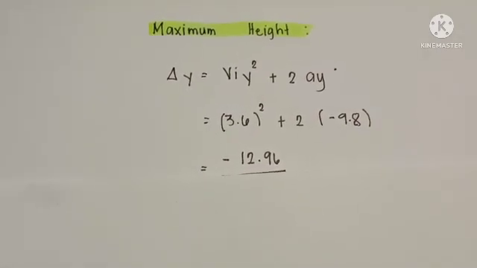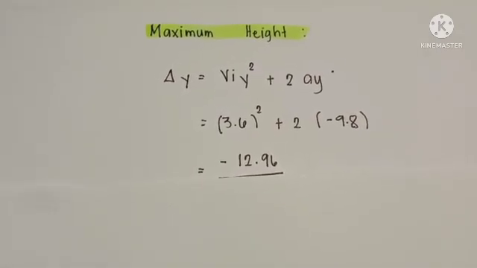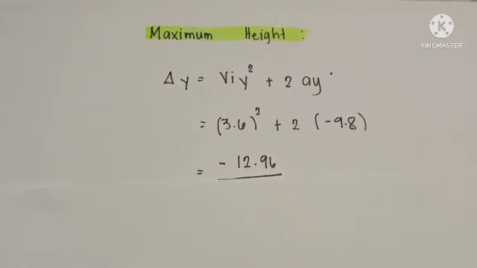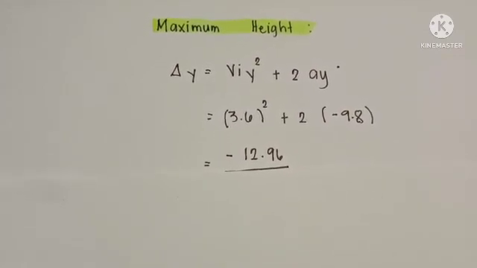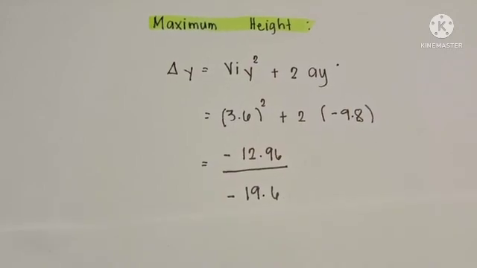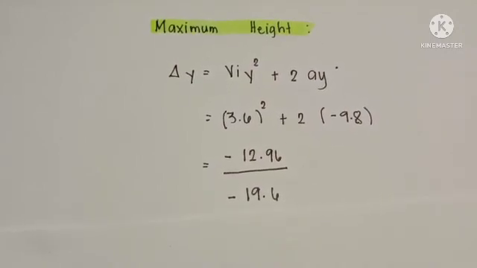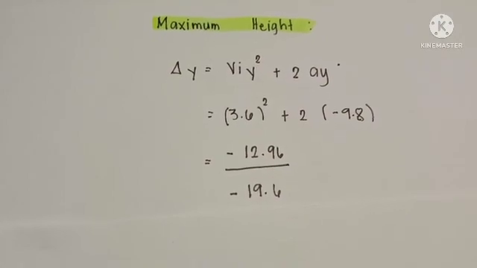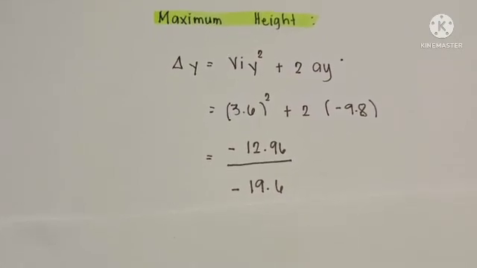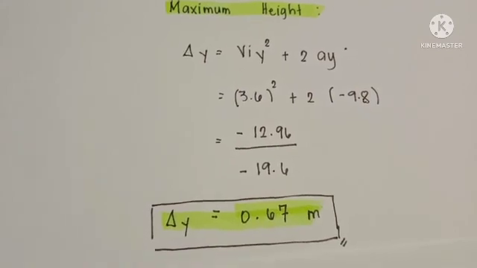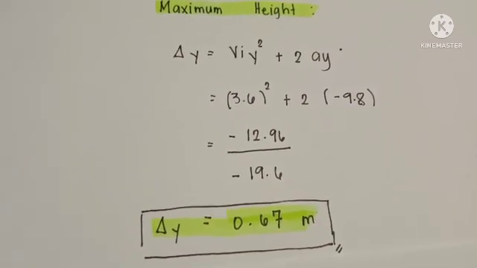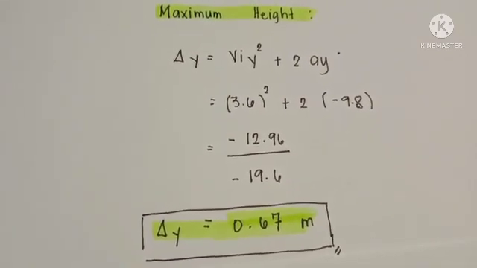So 3.6 squared is 12.96, and 9.8 times 2 is negative 19.6. So negative 12.96 divided by negative 19.6, and the final answer is 0.67 meter. So this is our maximum height.